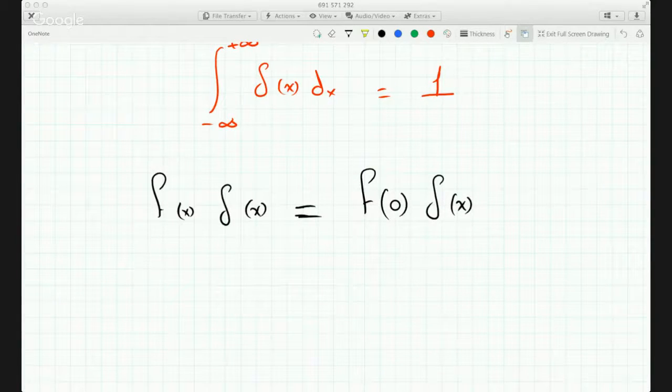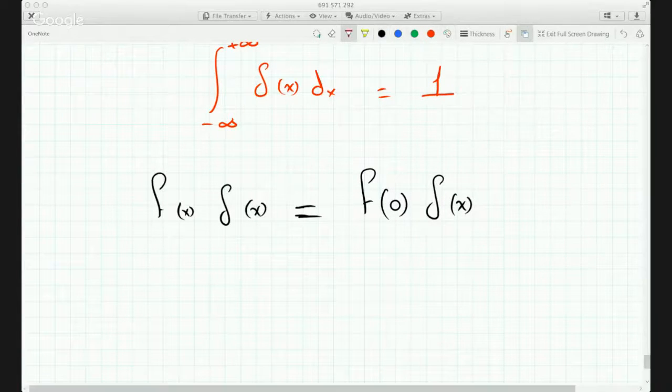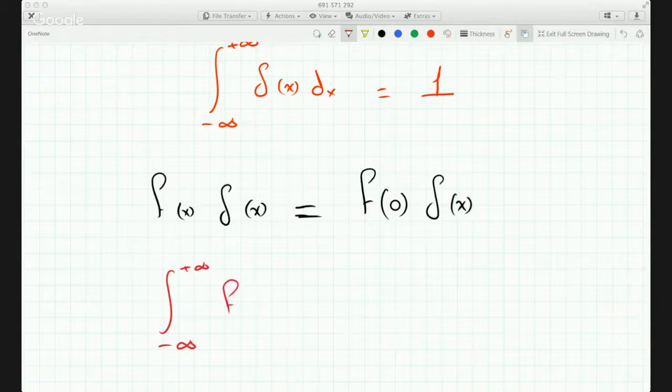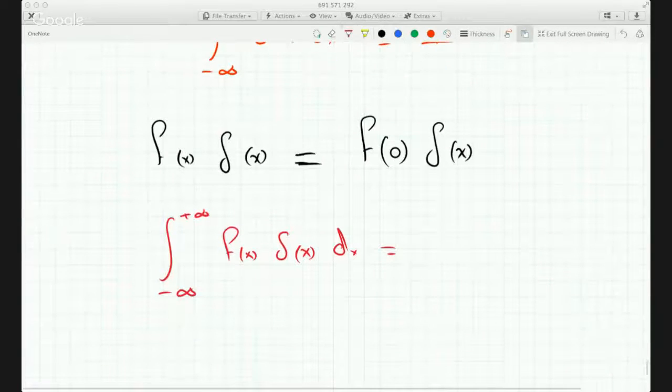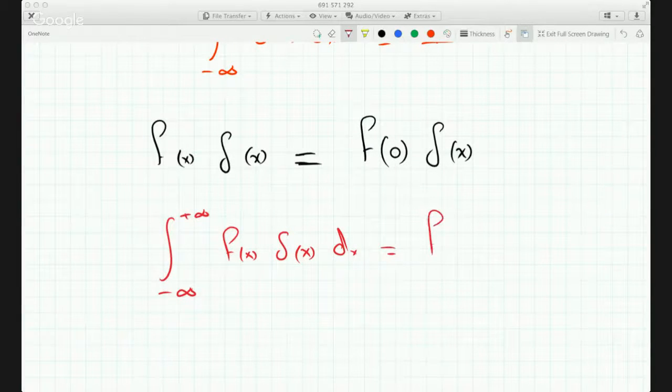So if I were to expand this a little bit more, I could say that the integral from minus infinity to plus infinity of f of x delta x dx has to equal, so it's 0 everywhere except where x equals 0.